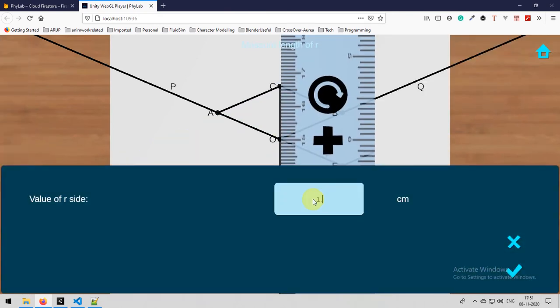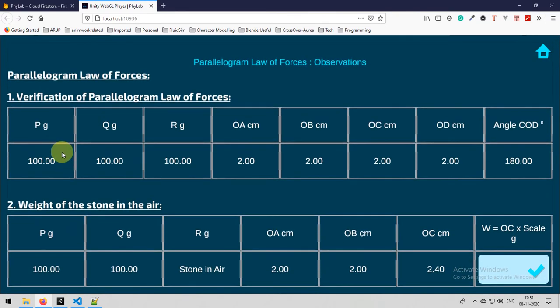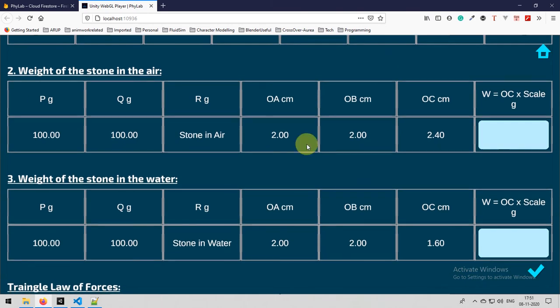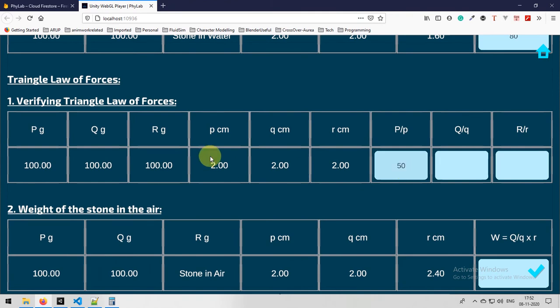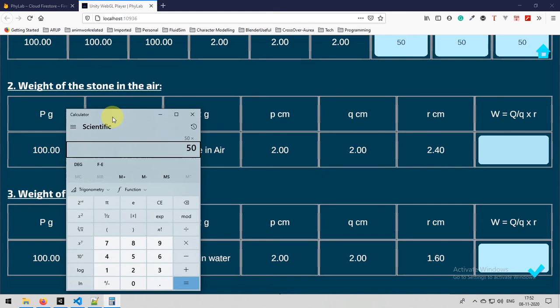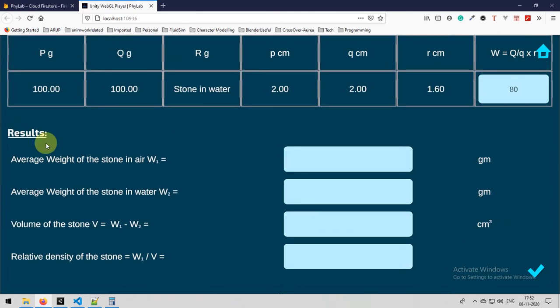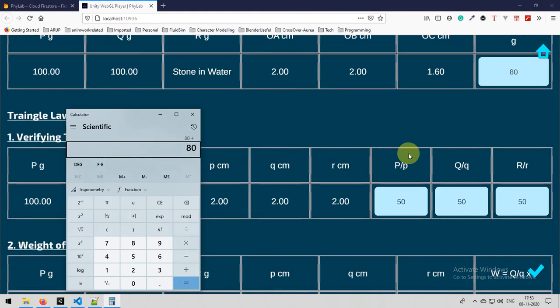Once all the observations are done, you will be greeted with a calculations panel. Let's wait here. I will complete all my observations. Yeah, this is the last observation, and after submitting, I will be greeted with a calculations panel where I have all the calculations which we observed till now. I will perform all the calculations as per the tables, and then I will calculate the weight of the stone in air and the weight of the stone in water for both the parallelogram law of forces and the triangle law of forces.